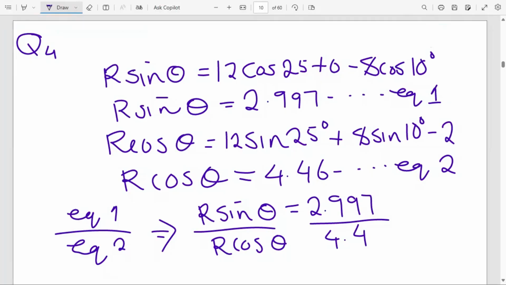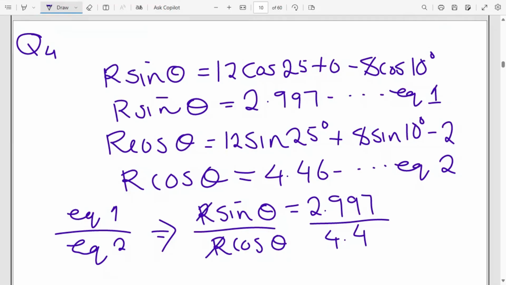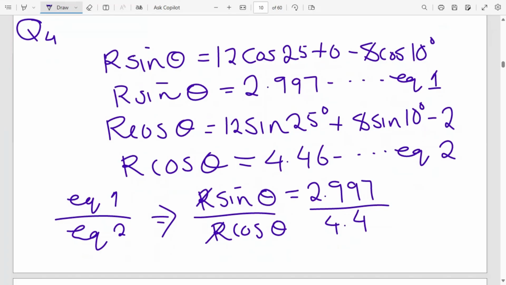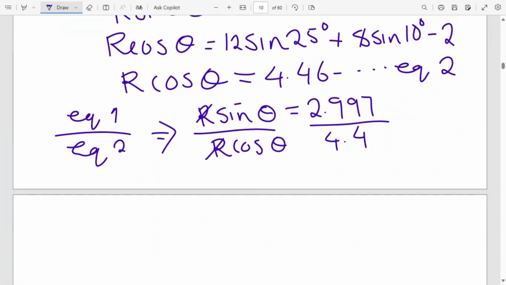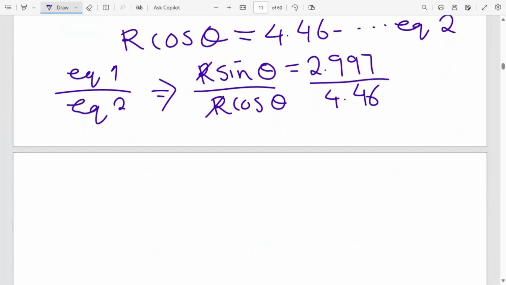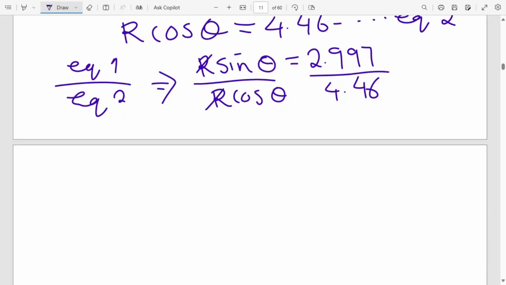And by so doing, we're going to notice that our r and r here are going to cancel out. And our equation is going to remain as sine theta divided by cos theta equal to 2.997 over 4.46. Sine theta divided by cos theta is equal to tan theta.